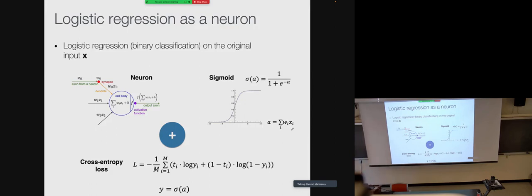In particular, for the case of binary classification, what is very common is that people do logistic regression. So the activation function is the sigmoid function, and the loss function is the cross entropy loss we have seen before, where again yi is the label, which is binary, 0 or 1.